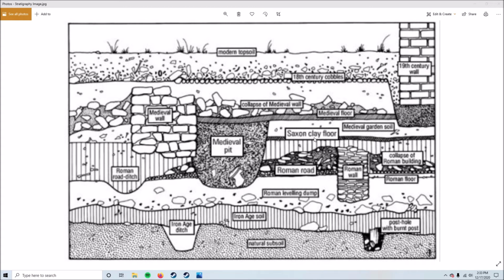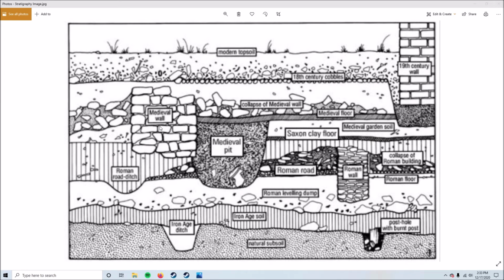So something like this Saxon clay floor, which is clear in the image which one that is, that's this. The medieval pit goes way below that, even though the Saxon floor is actually older and probably extended right across like this, except the medieval pit went all the way through it when the medieval people were doing their thing.